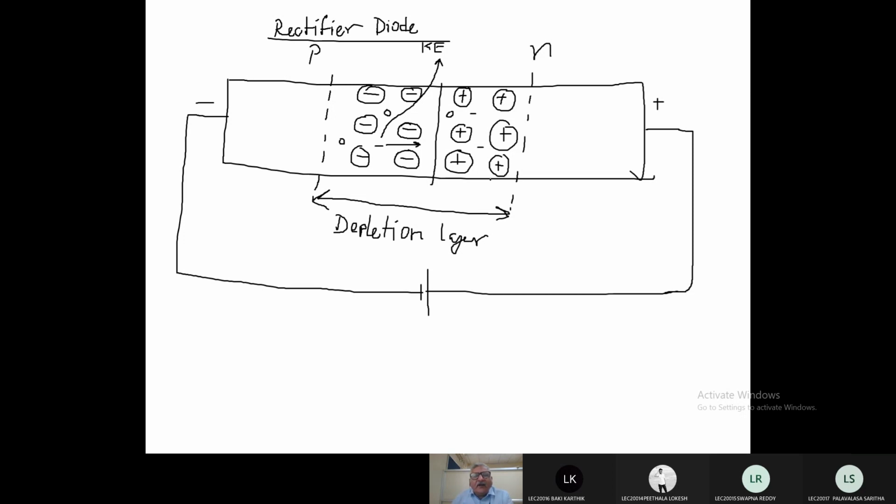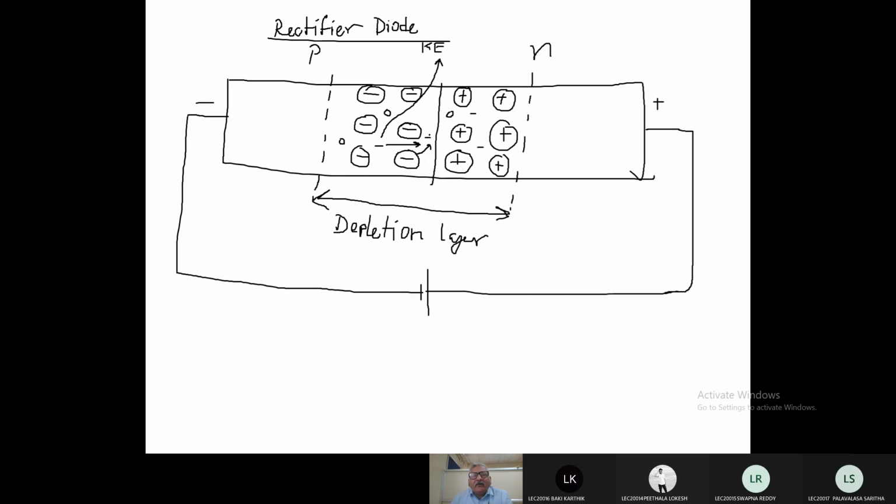So these high kinetic energy electrons, when they are moving in this depletion layer, will collide with these atoms, right? These atoms are there, positive ion and negative ion. With the collision, suppose it collides with this, it will generate some other electron also. Due to the collision, electrons will come out from these atoms.